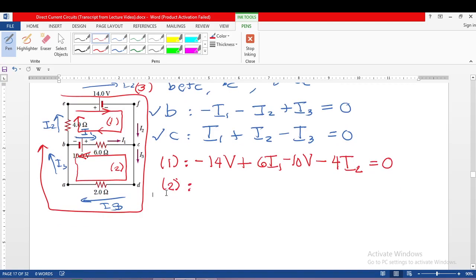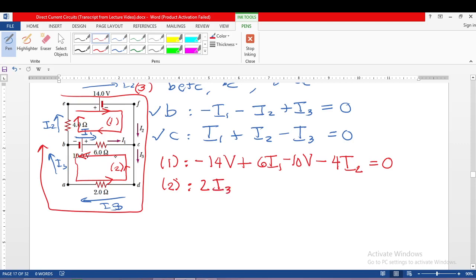How about for loop 2? The circuit elements are the 10 volts, the 6 ohms, and the 2 ohms. The 2 ohms is in the opposite direction to the loop, so the voltage drop is positive: positive 2 I3.